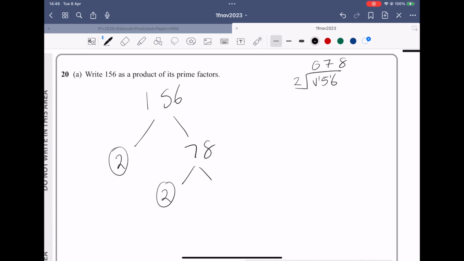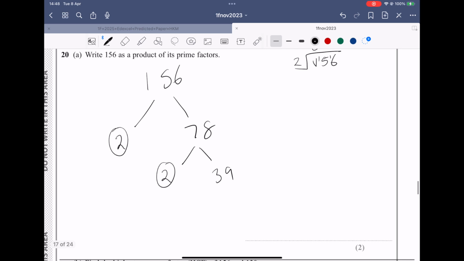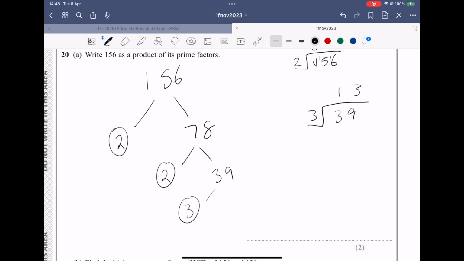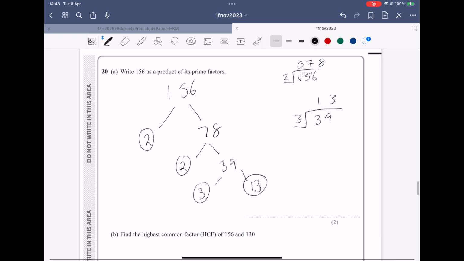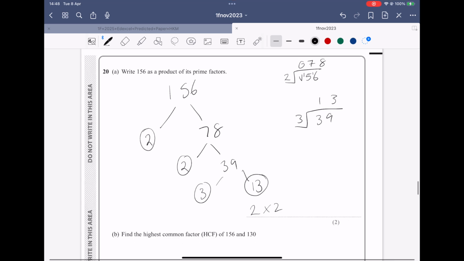Okay, so 78 halved is 39. 39 is in the 3s. If you're not sure, just try a few. I don't really know why I'm bus stopping this, but there we are. 13. And 13 is prime. Okay, so that will be 2 times 2 times 3 times 13. Or you can write it as 2 squared times 3 times 13.